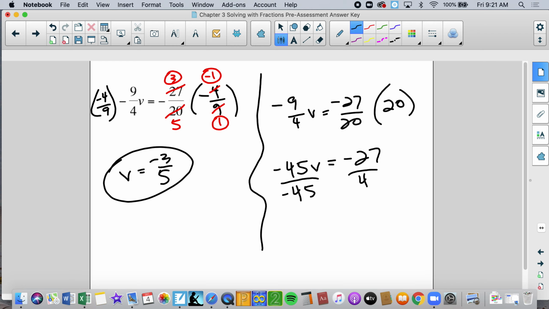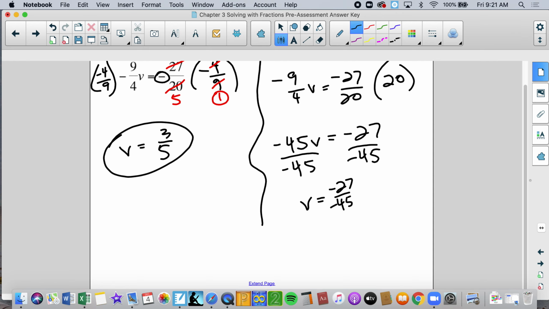Whoa. Oh, no. Yeah, I did make a mistake. Look at that negative. Oh, thank goodness. Mr. Mac, this is a good thing. This is a great thing. Look at that. Because I checked my work, I caught a mistake. So that equals v equals -27 over -45.